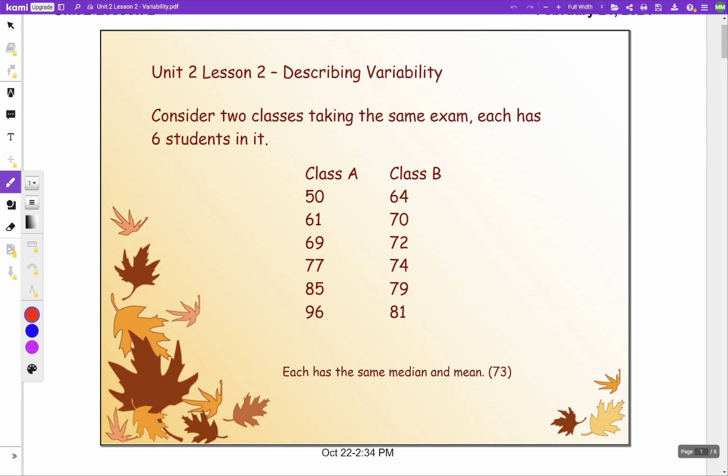Class A ranges from 50 to 96, which is a 46-point range. And then class B ranges from 64 to 81, and that is a 17-point range. So which class is more variable? Class A, definitely, right?